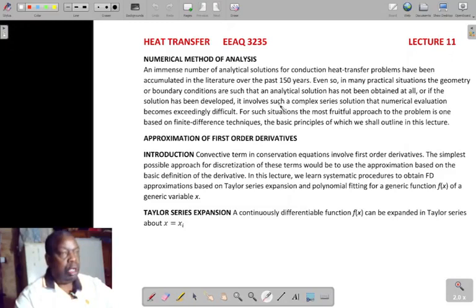And with these laws, coupled with the constitutive laws like the famous equation PV equals MRT, and the stress-strain relationship, we can handle any physical system problem.